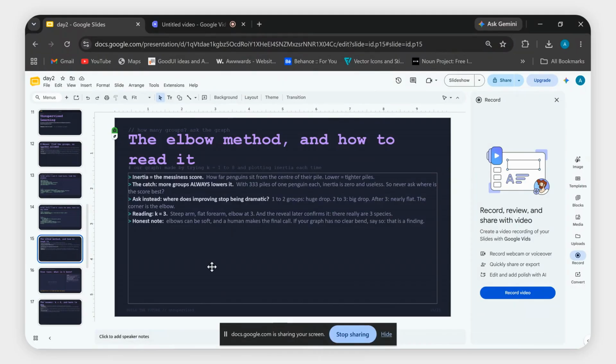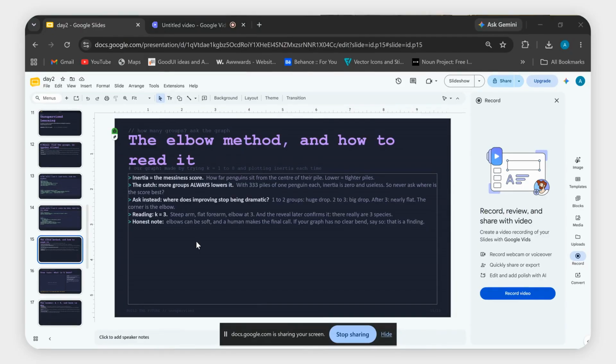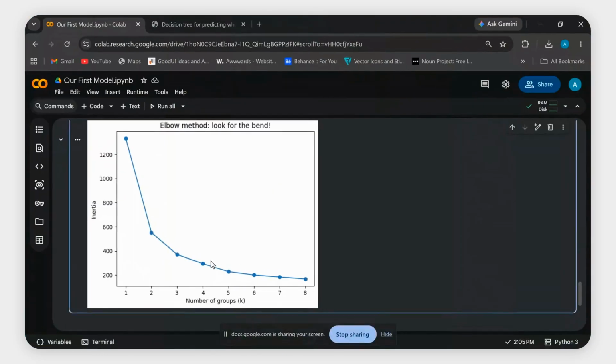The honest take about this is that elbows are not always sharp and obvious. Sometimes they are a gentle bend. If your graph has no clear bend, that is a finding too.